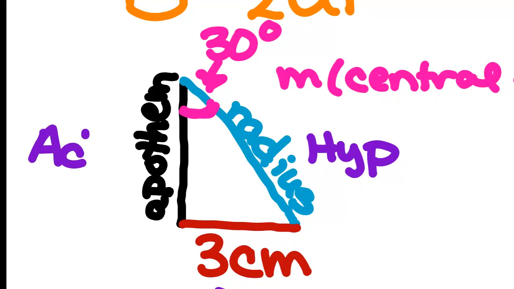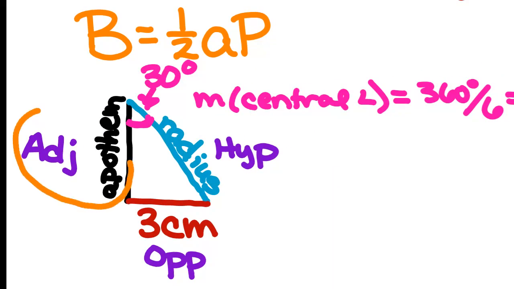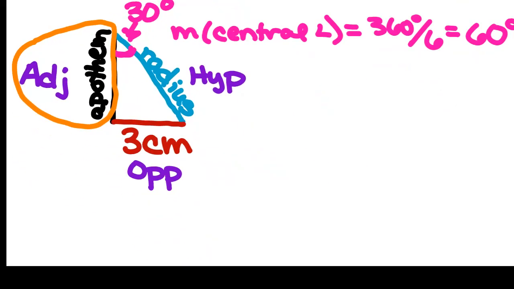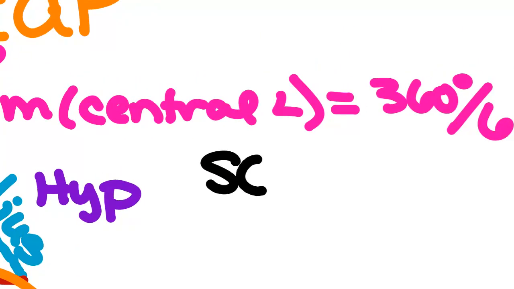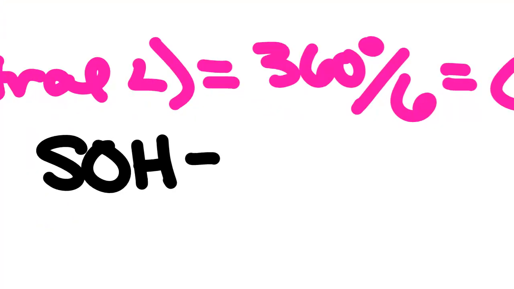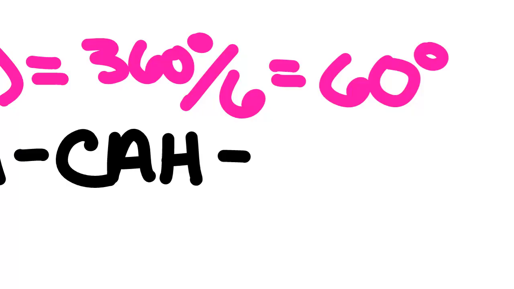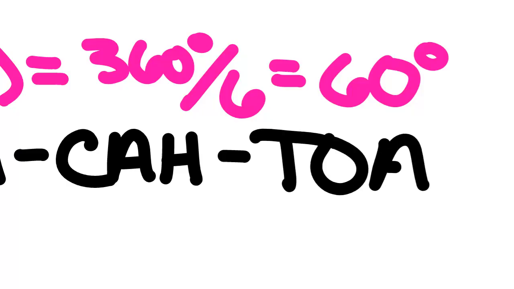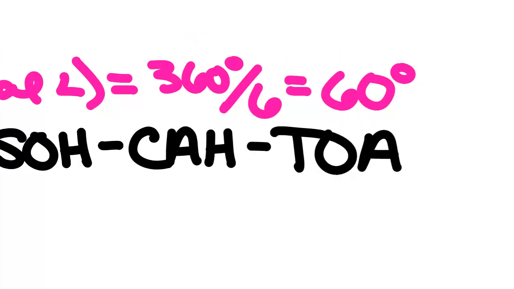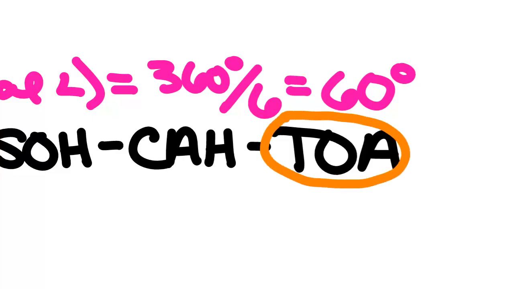The adjacent side. We want the apothem, and we know the opposite side. Which trig function, when you think about SOHCAHTOA, are we going to use when we want the apothem and we have the opposite? Tangent. We're going to use the tangent function.